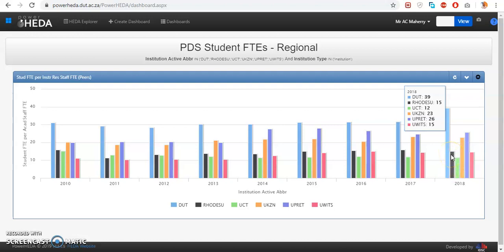Rhodes sitting at 15, UKZN sitting at 23, Pretoria sitting highest, probably out of your traditional universities, and then WITS coming through at 15. So you can see here the legacy of the underfunding and under-resourcing having taken place in your historically disadvantaged universities in comparison to your well-resourced universities.